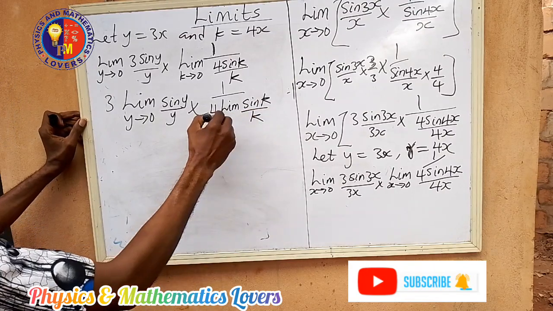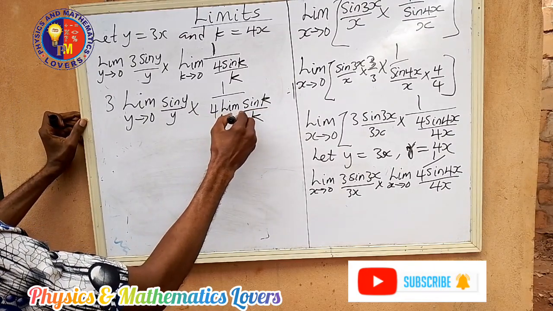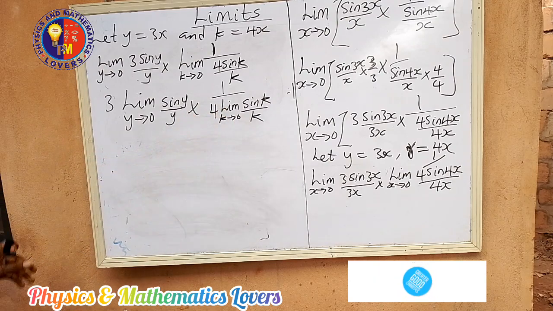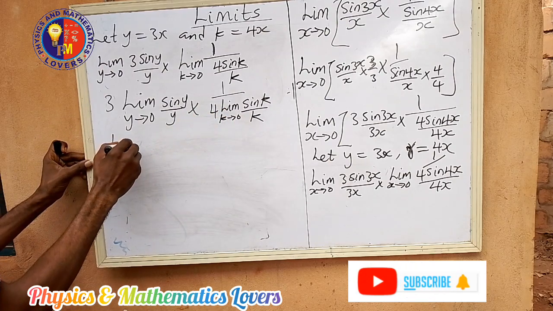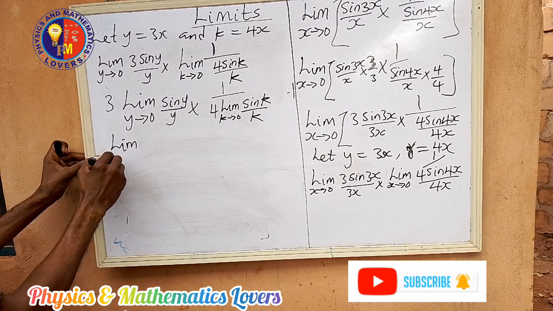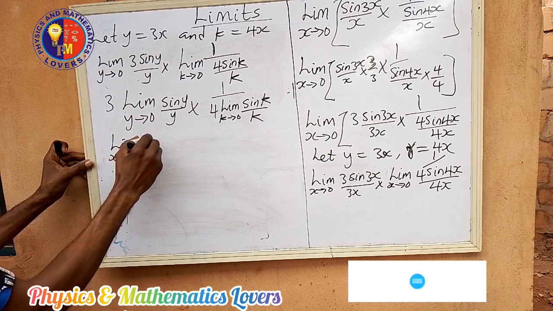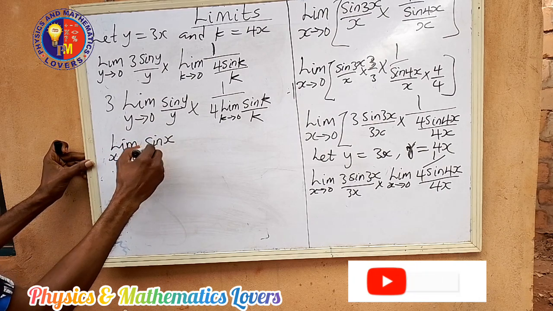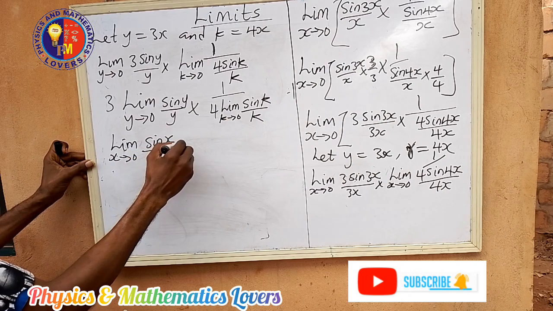Remember, k tends to 0. So here we have come to this identity that says the limit as s tends to 0 of sine s all over s is equal to 1.